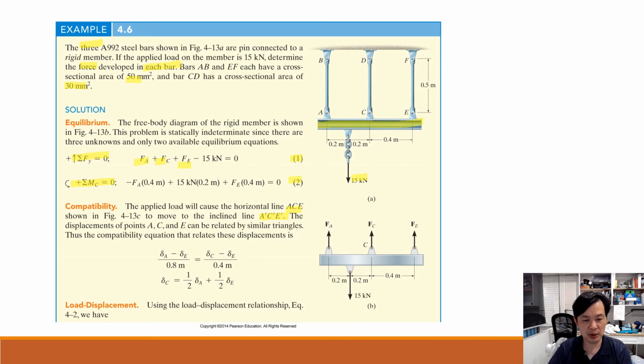So this relation can give us a geometric relation between each other. Based on the distances delta A, delta E, and delta C, we can derive the relation like this one. Okay, delta A minus delta E over delta C minus delta E. And then we can derive the third equation. About this part, we can talk about that in the next slides.